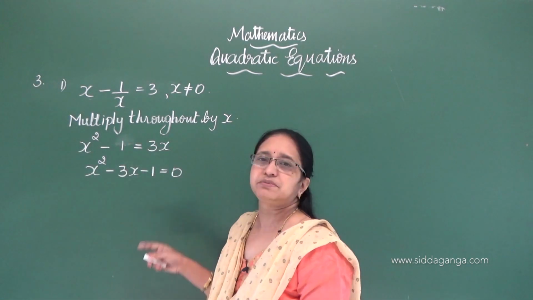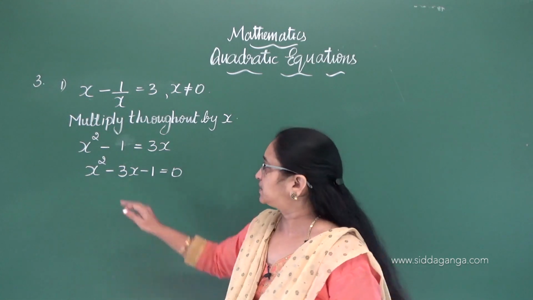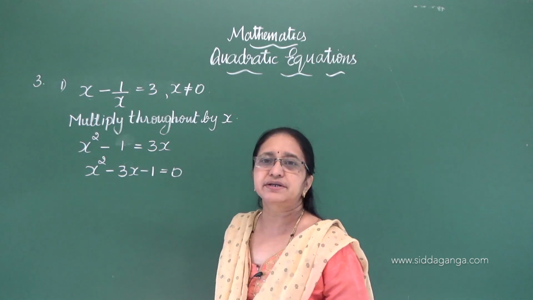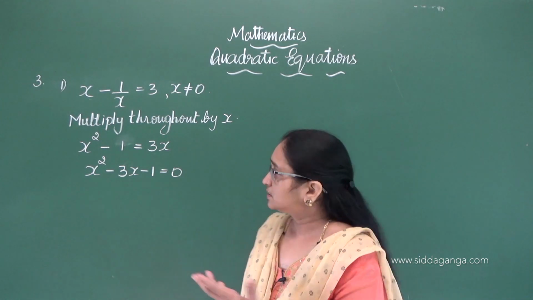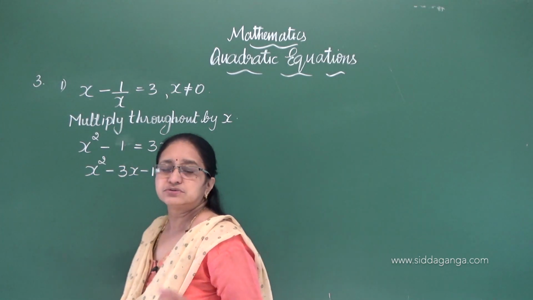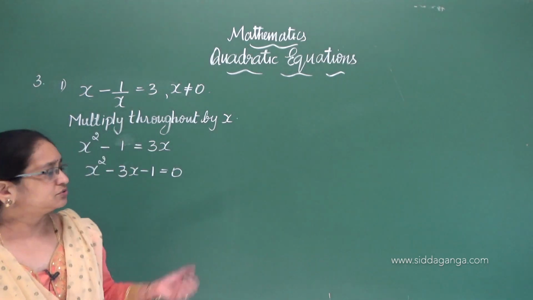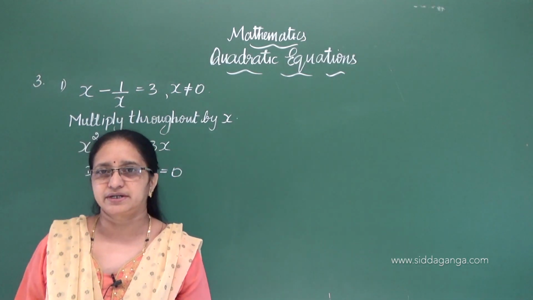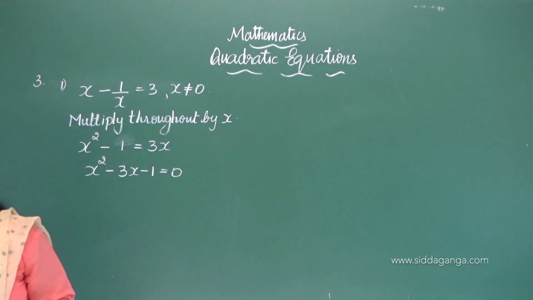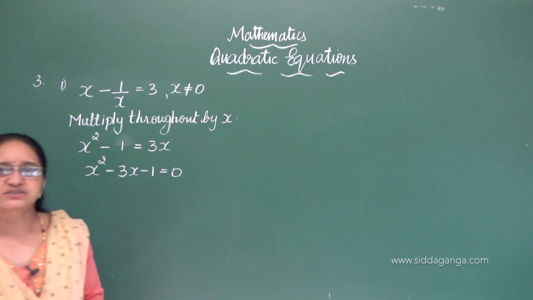Now it is as simple as the quadratic equation. It is in the standard form of quadratic equation. Now you know how to find out the roots. So you can adopt any method, but I will show you by using the quadratic formula. Okay. Now, what is the first step?